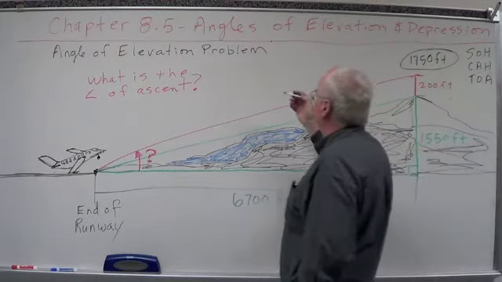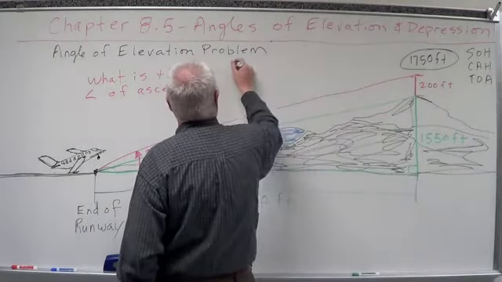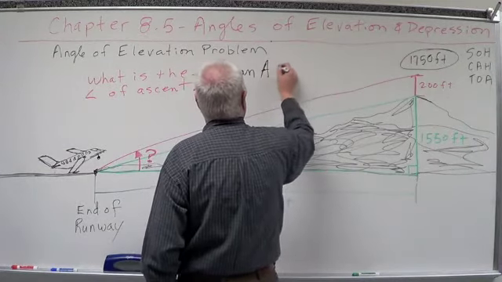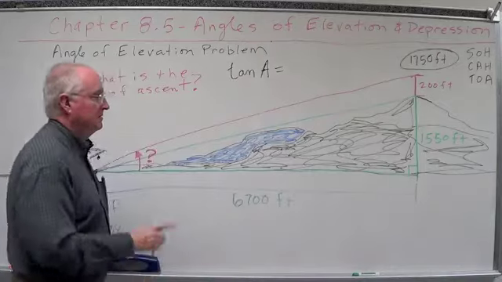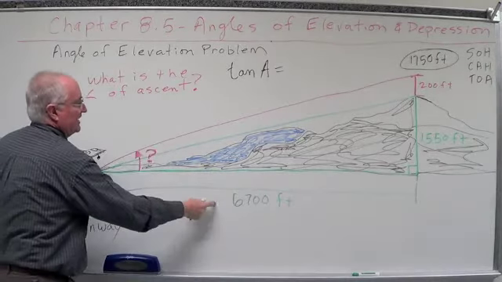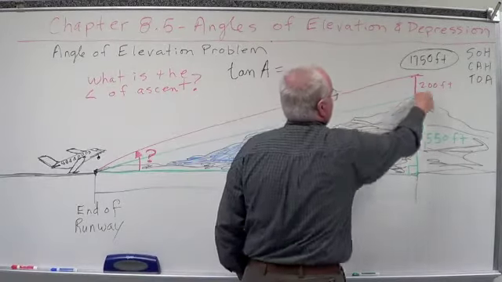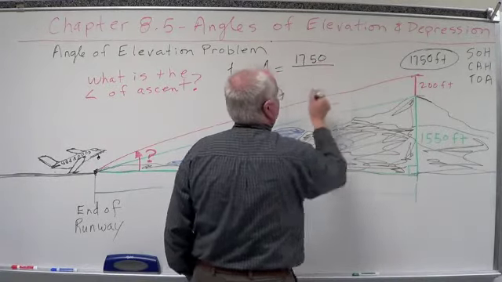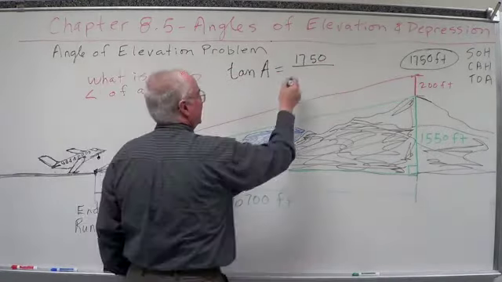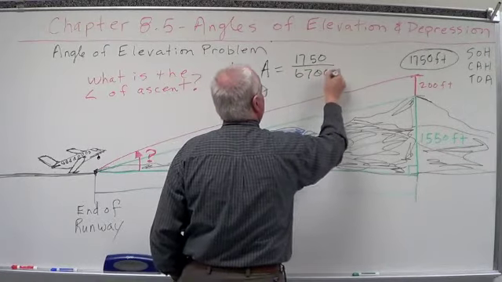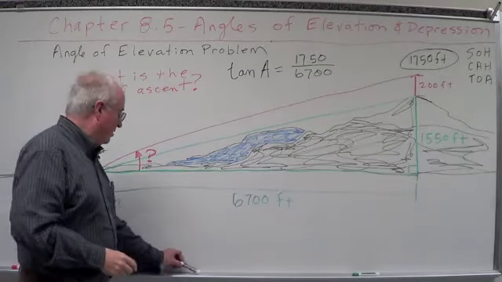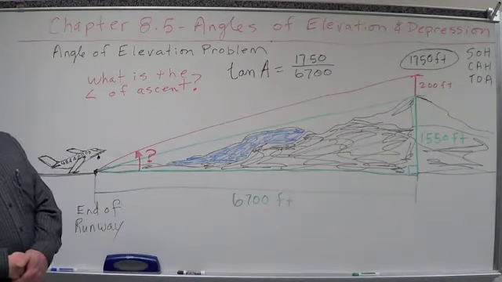So we're looking for the tangent of our angle equals what? Opposite over adjacent. Well, the total opposite height that we want is 1,750 divided by 6,700.